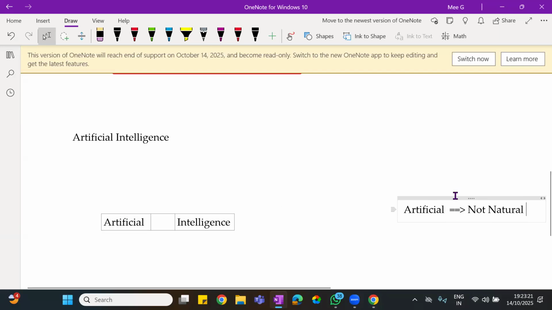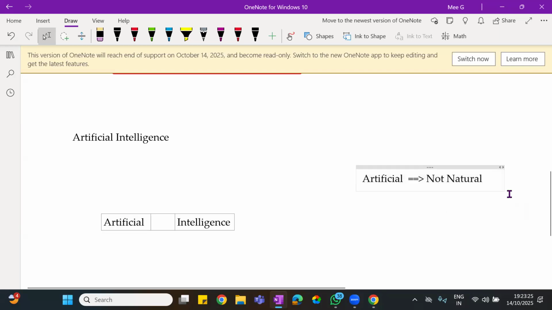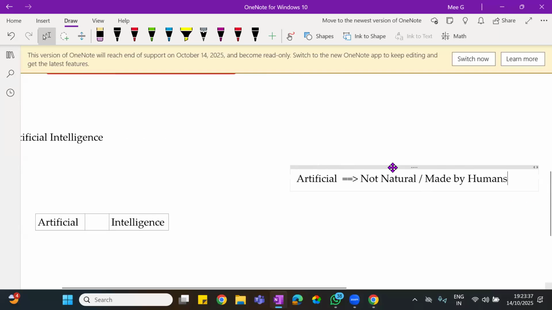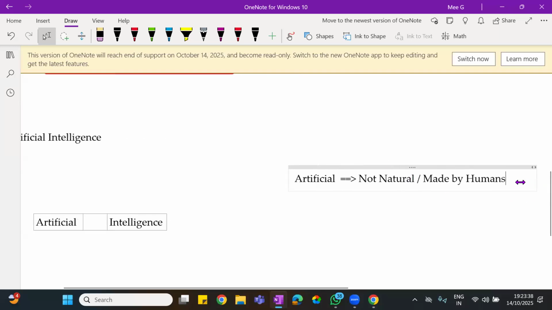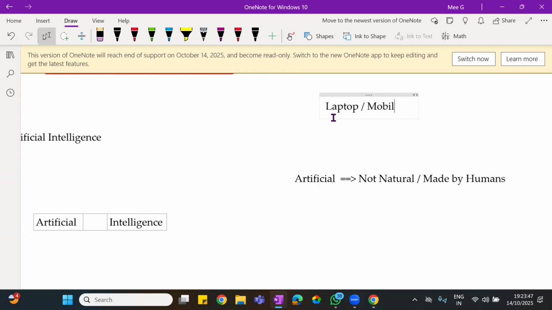The thing you have to understand here is that it is made by humans. Now, it is not that the laptop we are using, or the mobile, we will call an artificial laptop or artificial mobile.